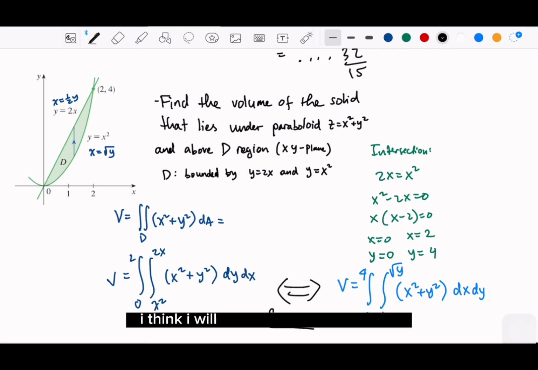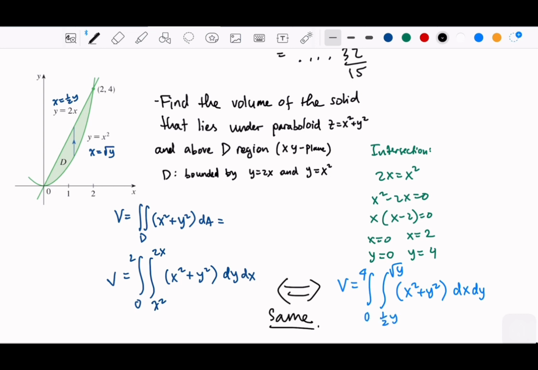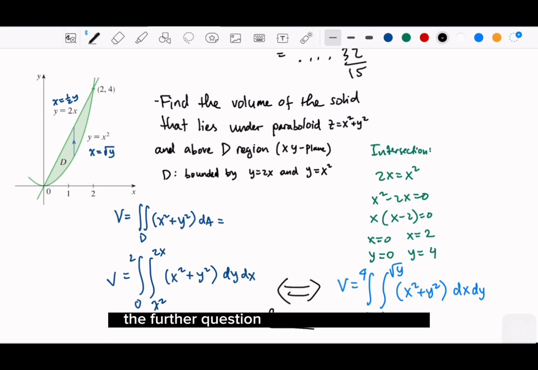I think I will give this to you to solve. Let me check whether we have the other, I think also similar. Remember the Fubini theorem as we mentioned previously? Now because we have a function here, the further question is, can we exchange this to become dx dy?